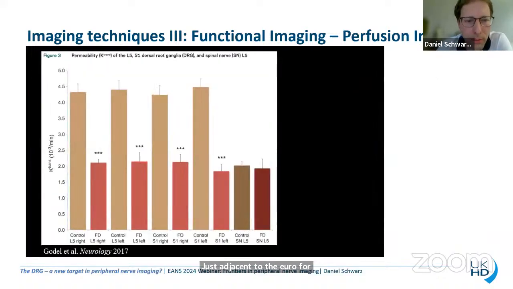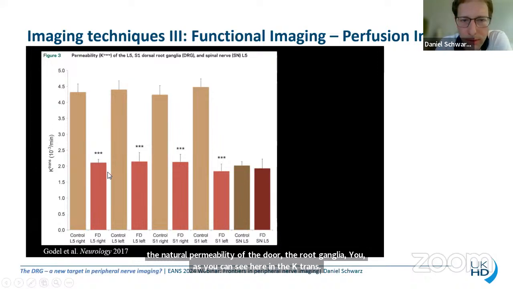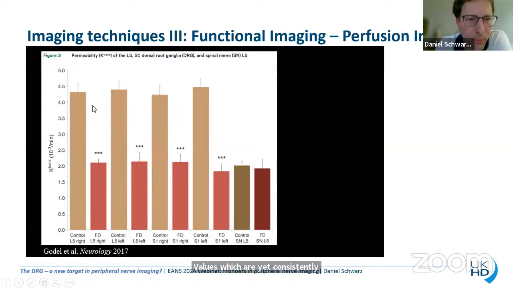This can actually be used also to probe pathology in the dorsal root ganglion again, showing it in Fabry disease, where you have this specific setting of the sugar depositions, which is of course very specific to this disease, but just as a proof of concept, you can see that here you have a huge decrease in the natural permeability of the dorsal root ganglia, as you can see here in the K-trans values, which are consistently lowered compared to healthy controls.